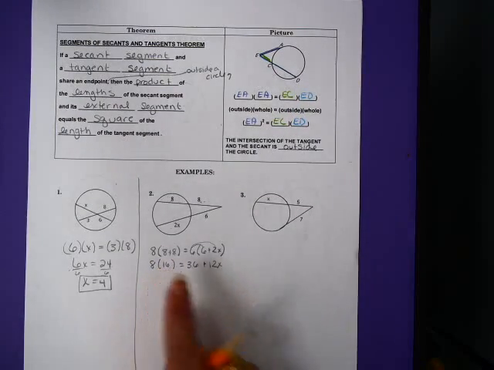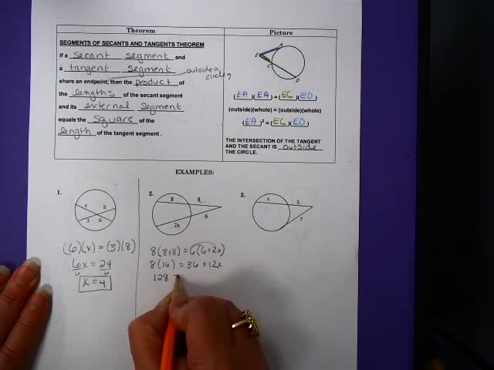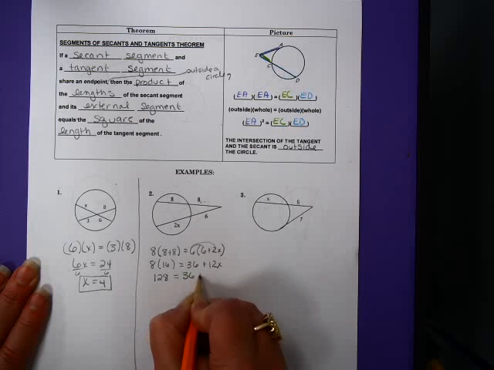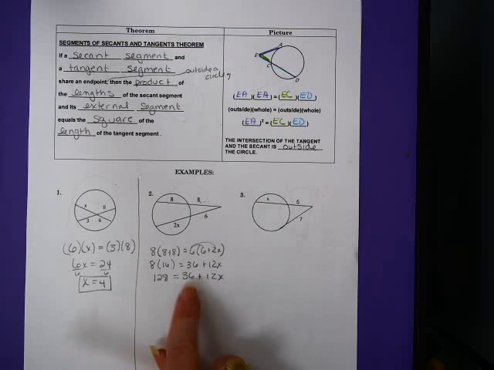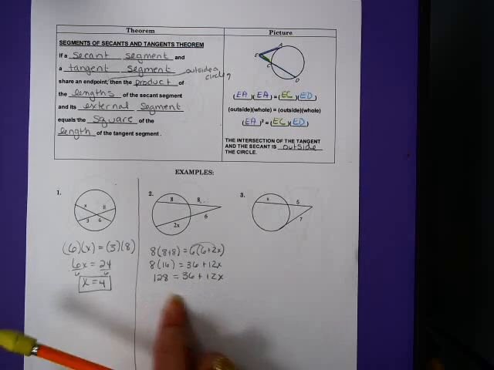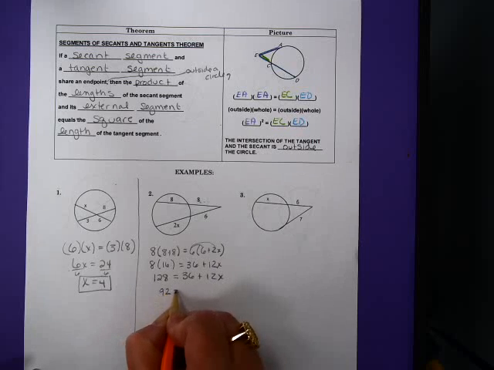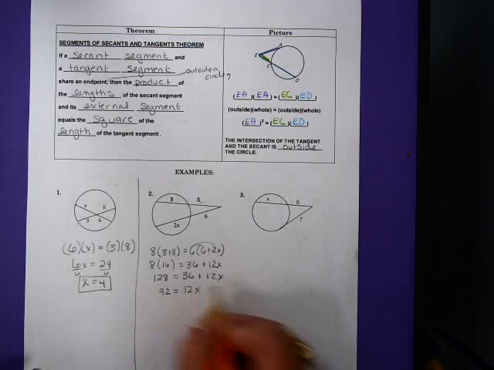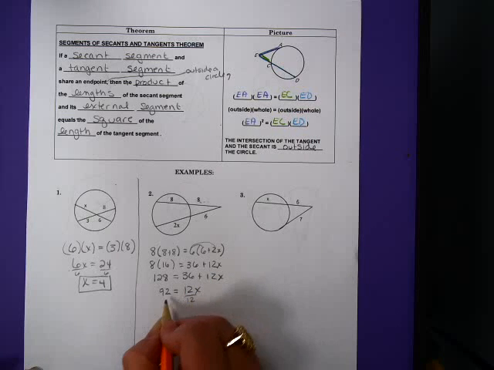Okay? Now, clean it up, multiply those together. I get 128 equals 36 plus 12x. Now it's just algebra, so I'm going to subtract 36 from both sides. I get 92 equals 12x, and then I'm going to divide both sides by 12.